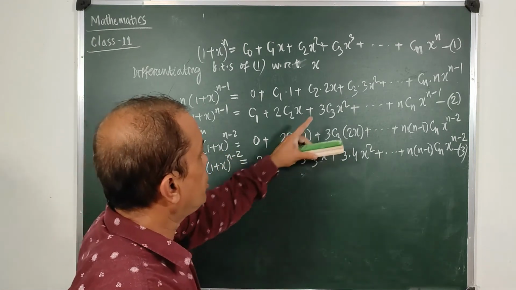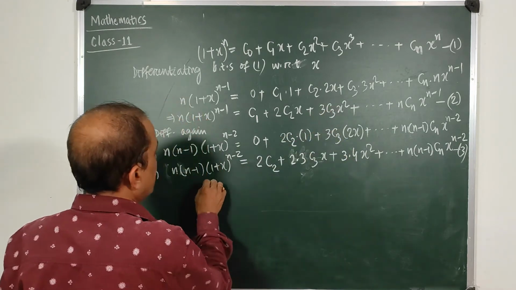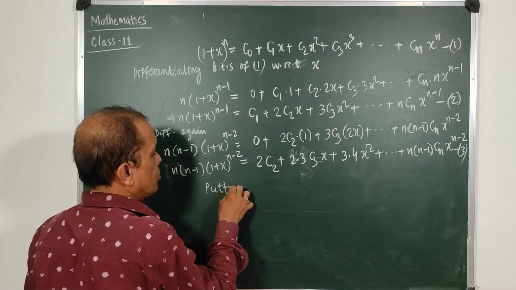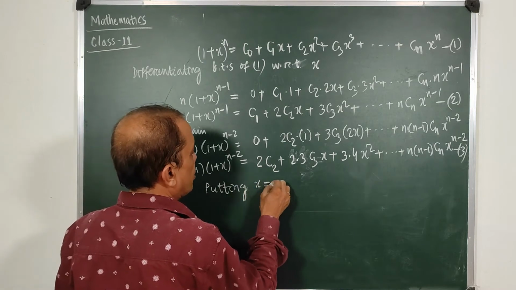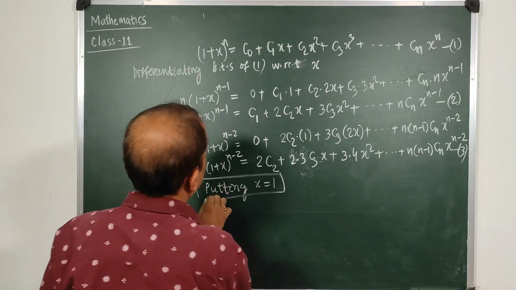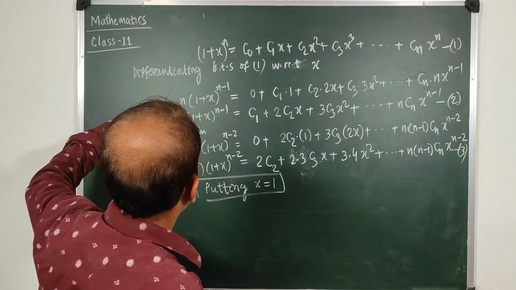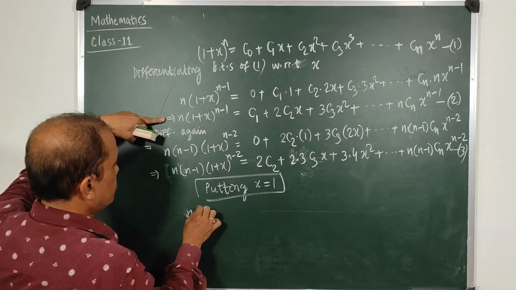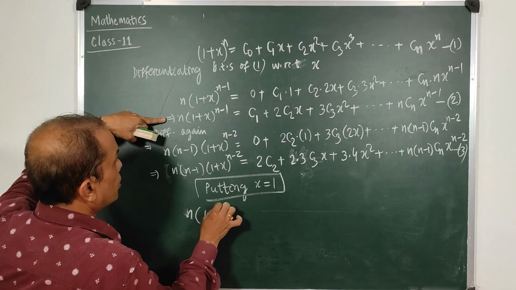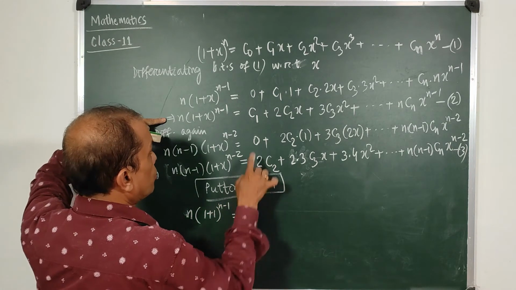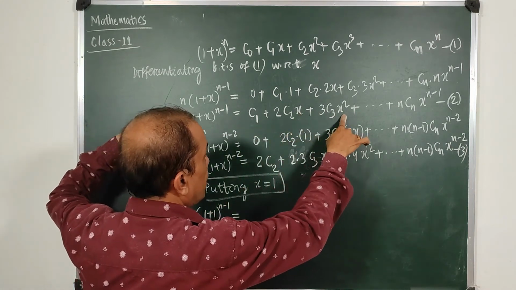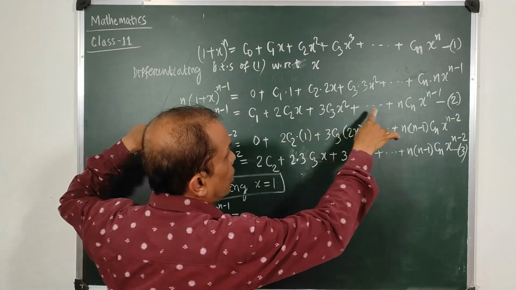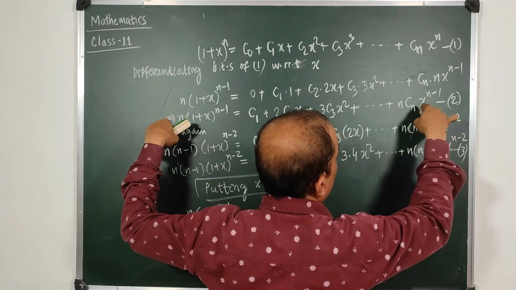We use these two formulae, putting x equal to 1. In equation 2, when I put x equal to 1, the LHS gives us n into (1 + 1)^(n-1). On the right side, everywhere x is equal to 1, so the x factor will vanish.